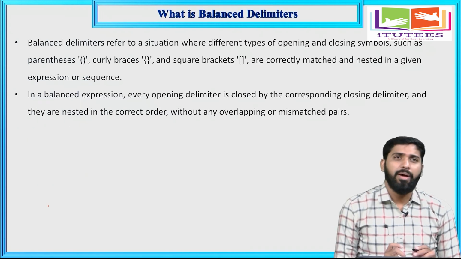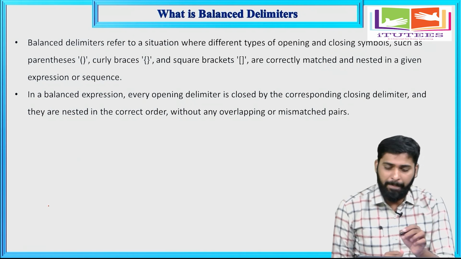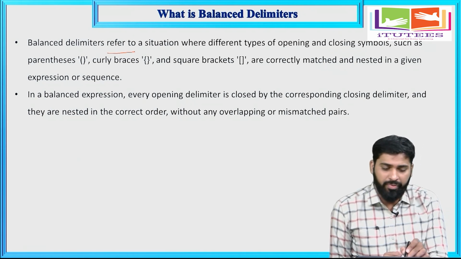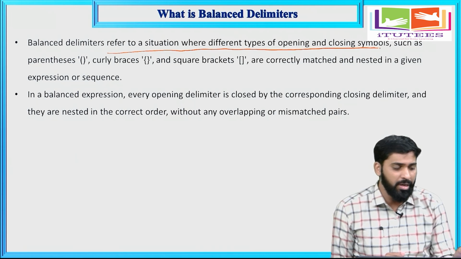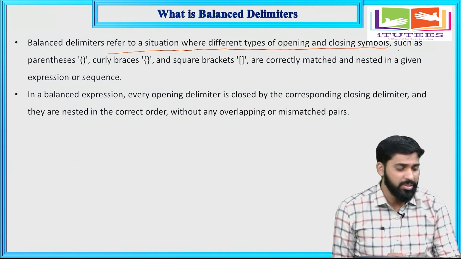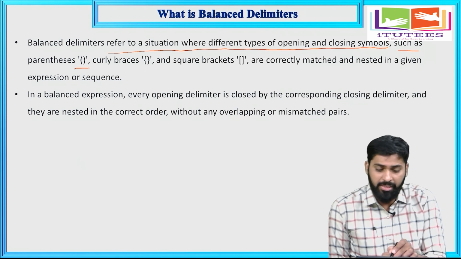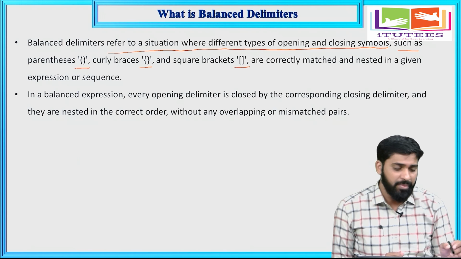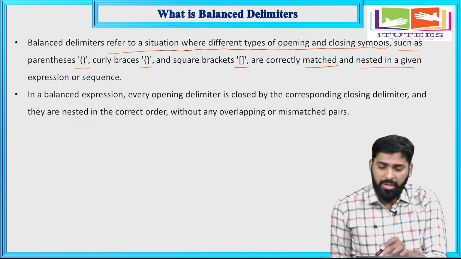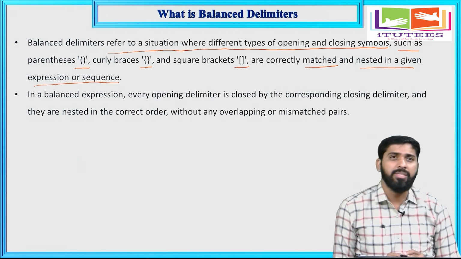So what is balanced delimiter? Balanced delimiters refers to a situation where different types of opening and closing symbols, such as parentheses, curly braces and square brackets, are correctly matched and nested in a given expression or sequence.